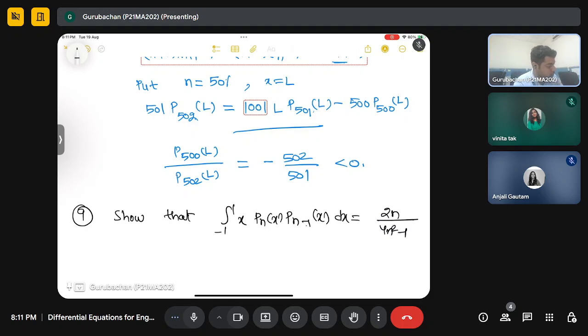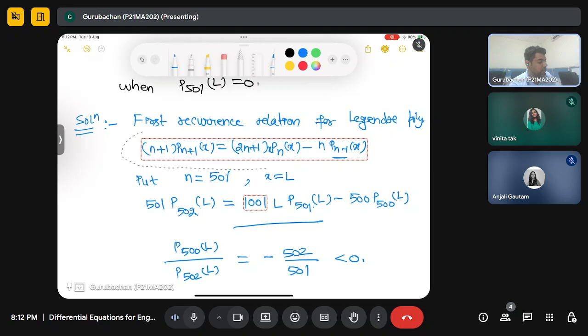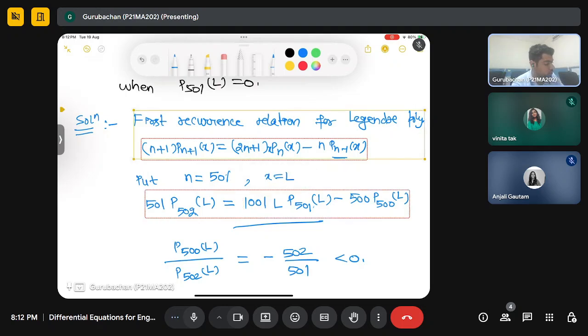So we need to show this. How can we show this? For this, we will again take the help of this first recurrence relation. Let me just copy it.